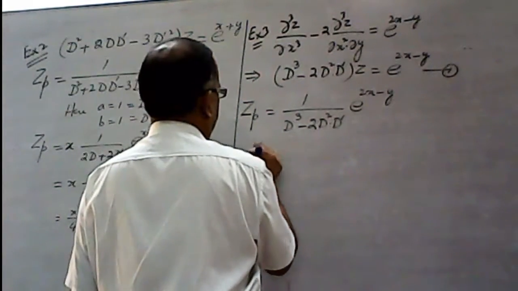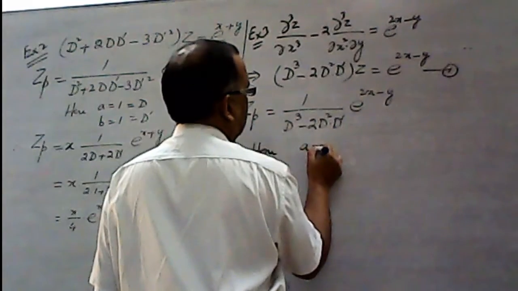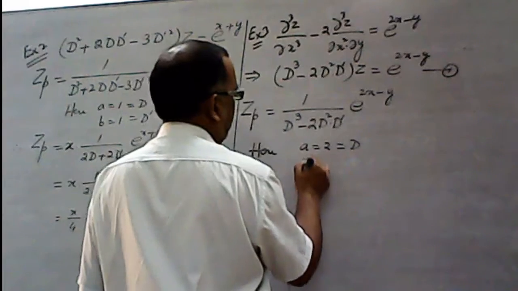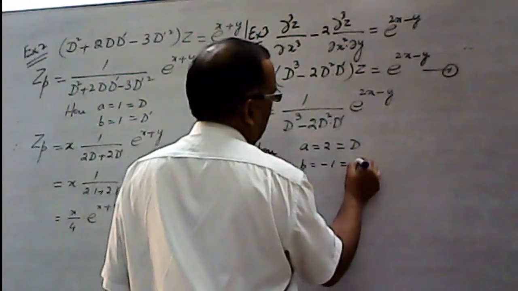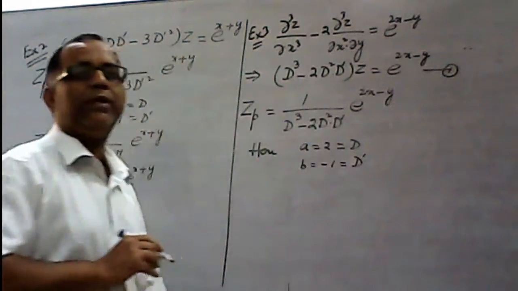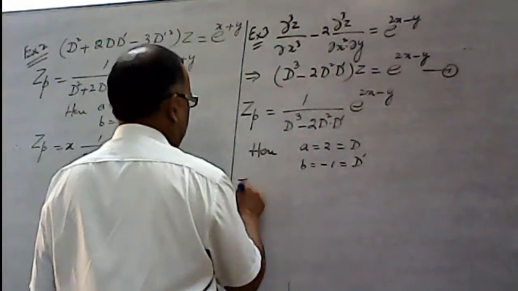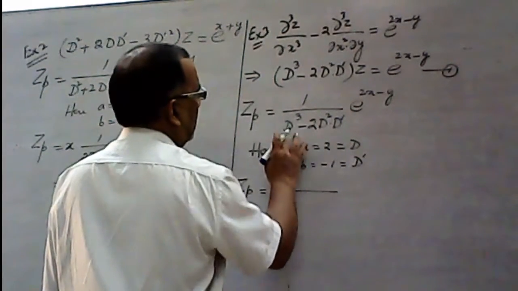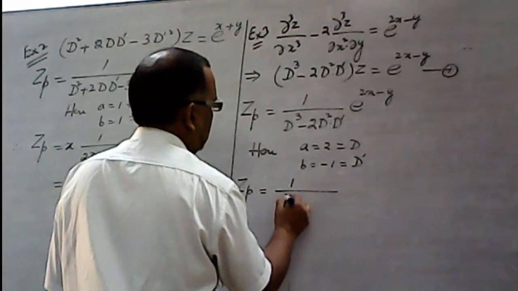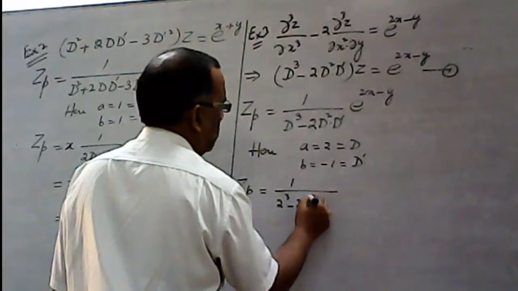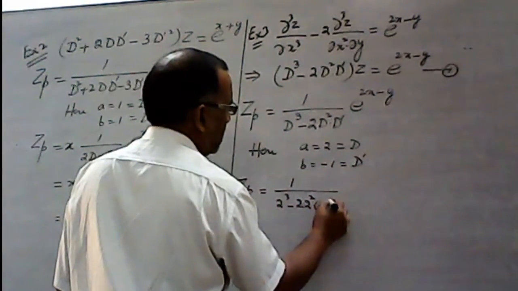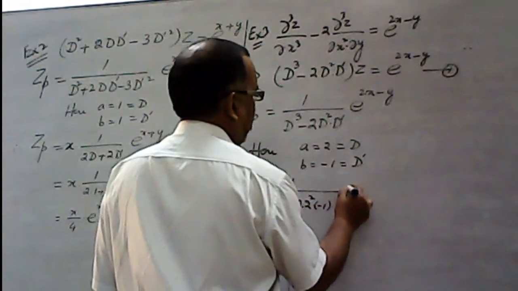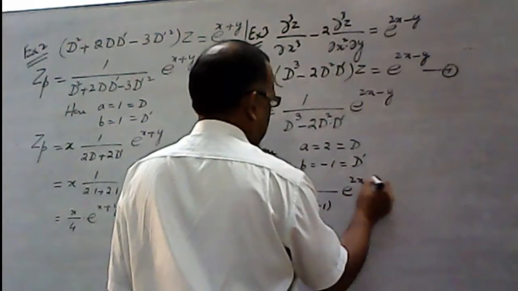Now here a is equal to 2, means the value of d is 2, and b is equal to minus 1, means d dash is minus 1. So substituting this, zp will be equal to 1 upon 2 cube minus 2 into 2 square into minus 1, and then e power 2x minus y.